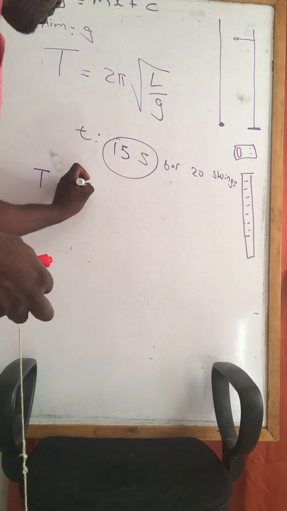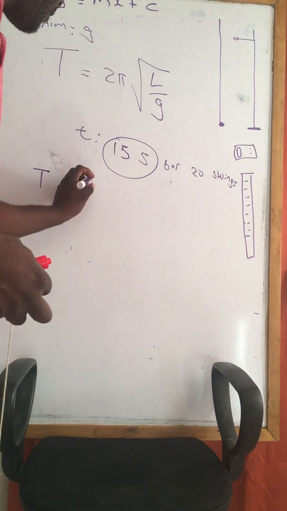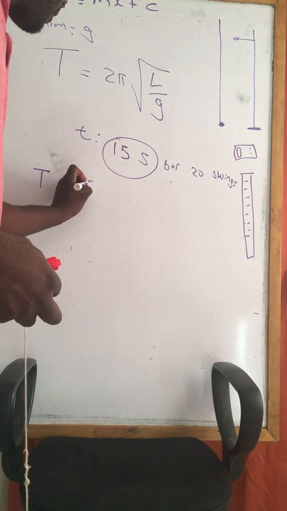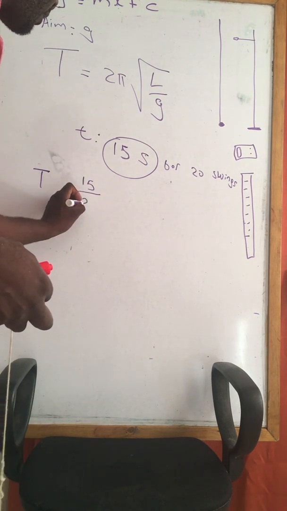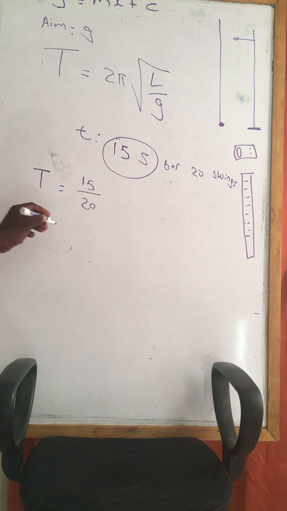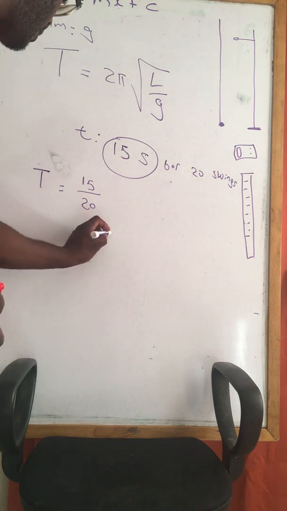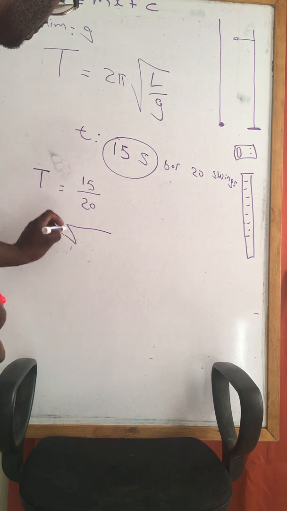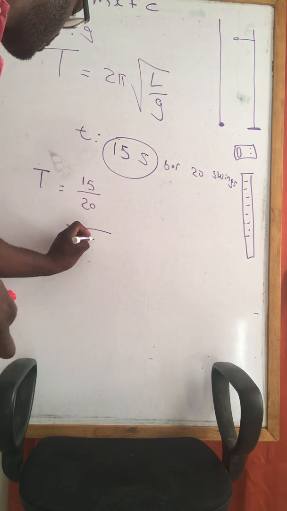So T is equal to 15 divided by 20. That would be 15.